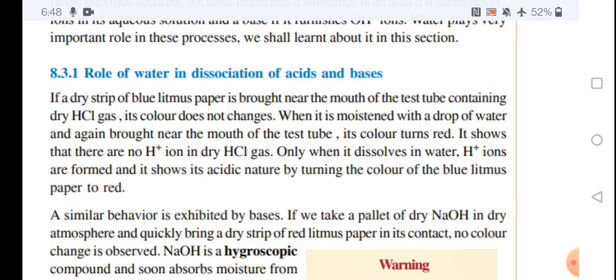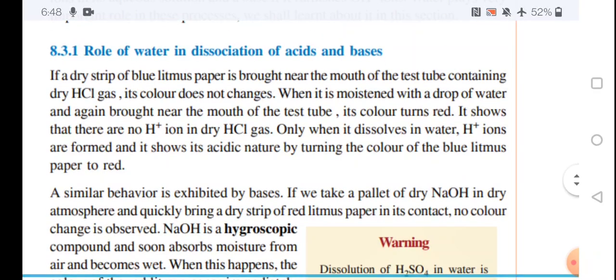That means to show an acid property or a base property, we must have water. So water is important in our study of acids and bases. Only when it dissolves in water are hydrogen ions formed, and it shows its acidic nature by turning the blue litmus paper red.